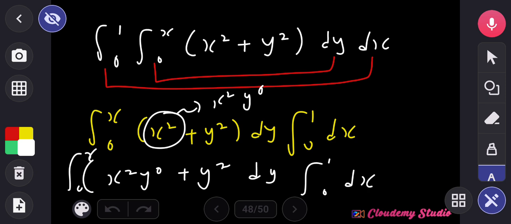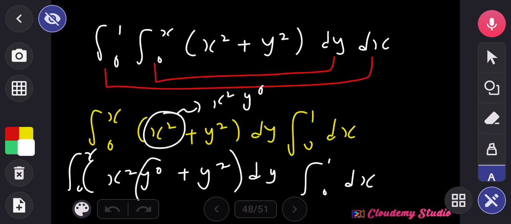How am I going to do that? The next thing is, let me now integrate this particular one. In integrating x squared y raised to power 0, I'm only integrating with respect to y. You understand?